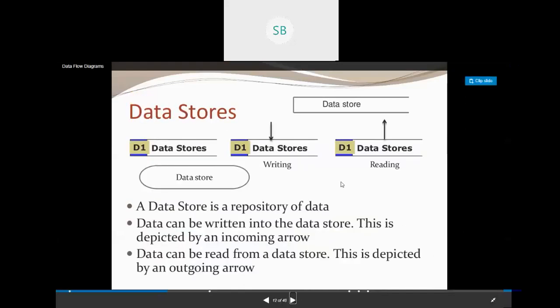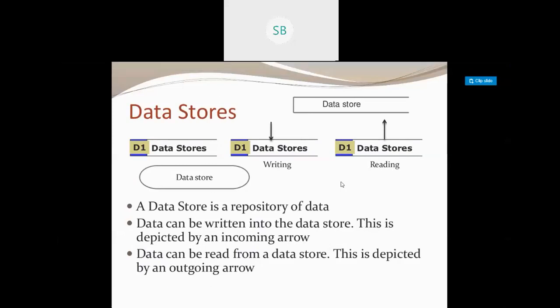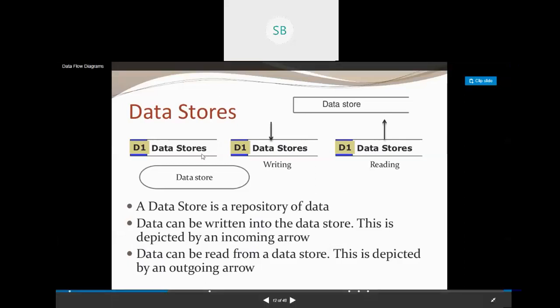Next are the data stores. I told you that you can think of the tables in a DBMS, like whatever tables you have in MySQL, because we store the data in tables in the database. So this is basically a repository. We represent it in Gane and Sarson like this, and in the Yourdon convention, we represent it using this symbol, data store.